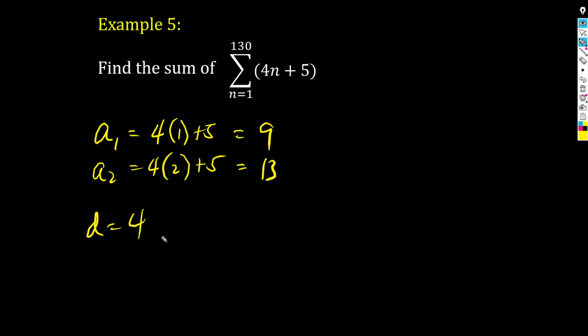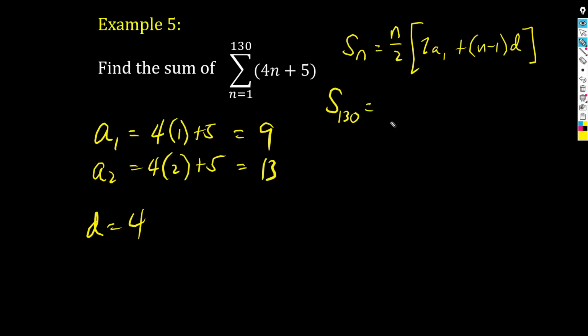With that, we can already plug in those values in our formula. S sub n equals n over 2 multiplied by 2 a sub 1 plus the quantity n minus 1 times the common difference d. We are looking for the sum of the first 130 terms.